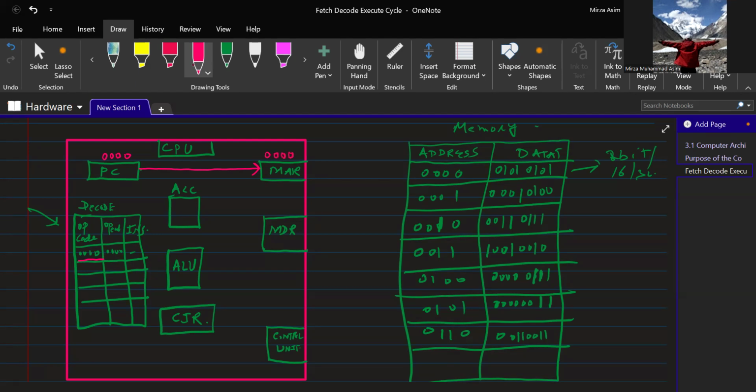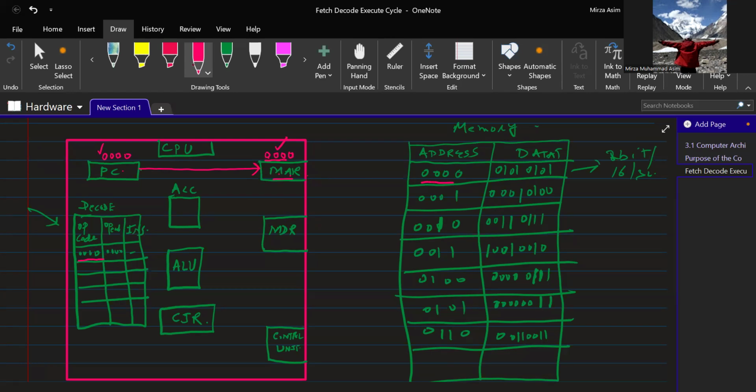So this address is copied into the memory address register. Now, MAR knows the location of this address, which is this one.